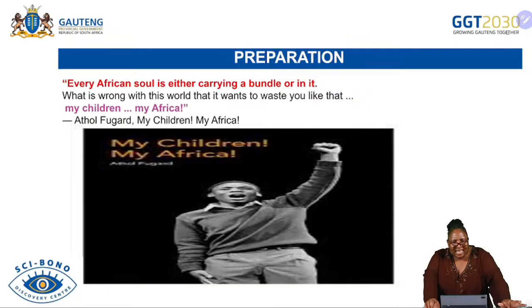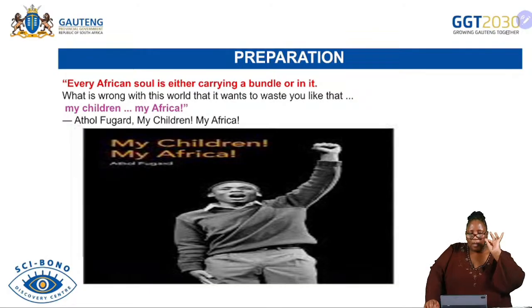Let's see this very profound quote. Every African soul is either carrying a bundle or is in it. What is wrong with this world that it wants to waste you like that?